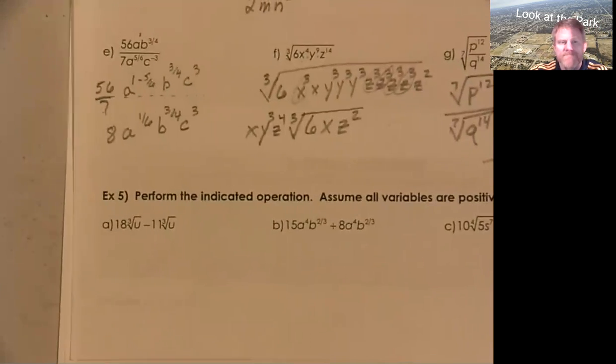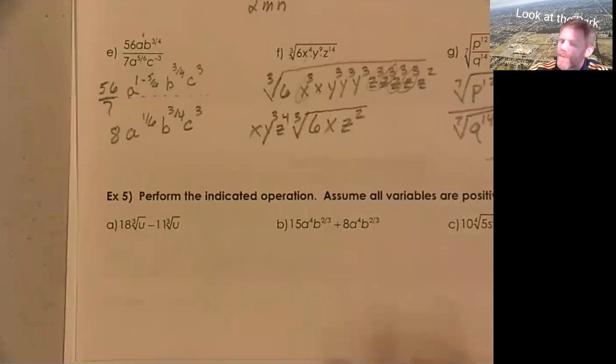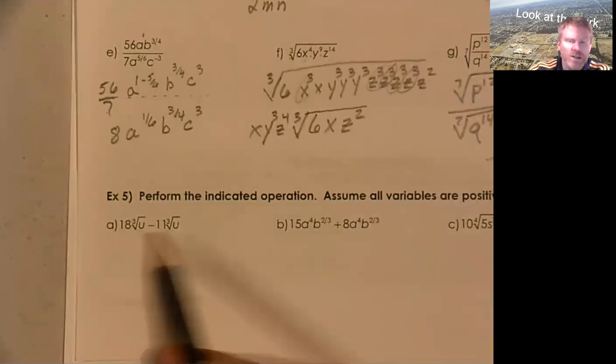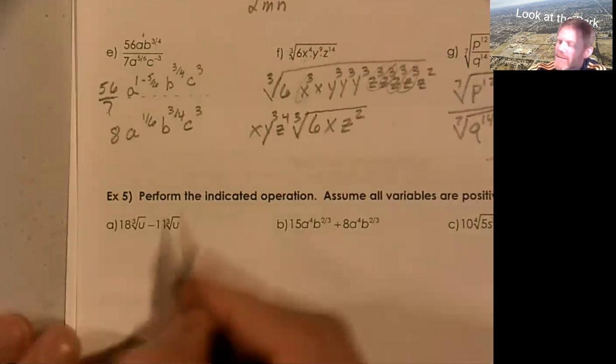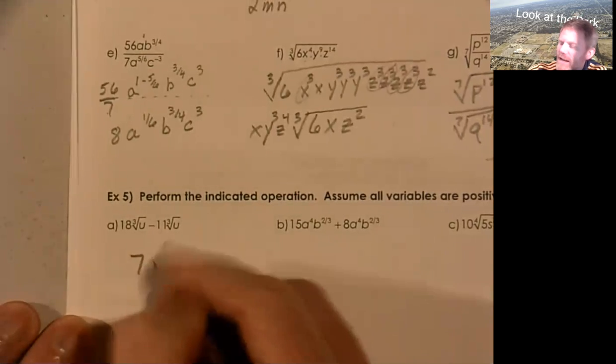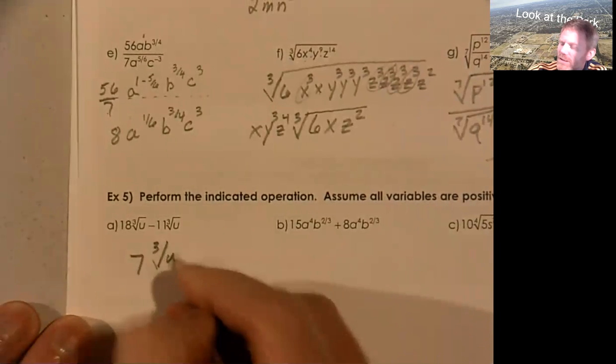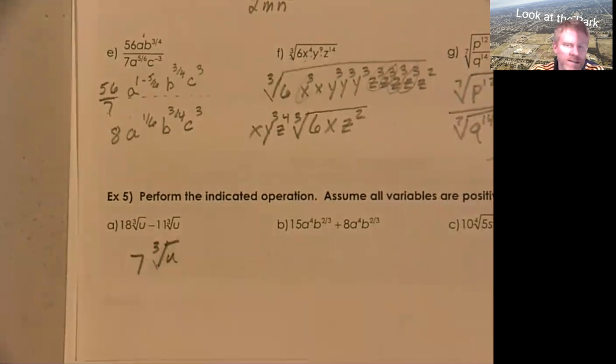All right, we finish up here. Here we have like terms like we did before. So 18 minus 11 is 7, and our indexes are the same with the radicand, so they're called like terms. So it's just 7 root 3u.